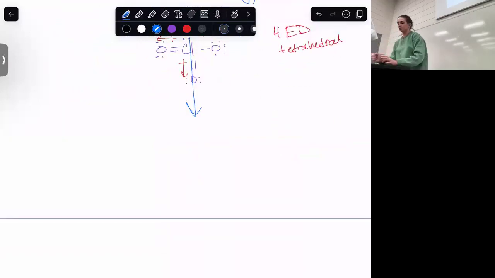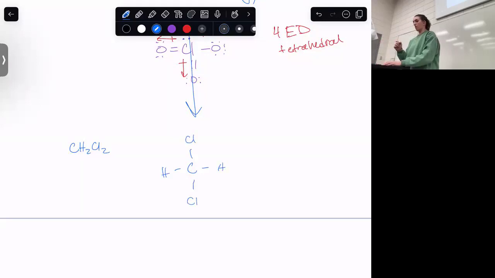A good one to look at is CH2Cl2. If you look at it this way, carbon is going to make 4 bonds: 2 to hydrogen and 2 to chlorine. If we want to draw the dipoles for each of these, which way are they going to go?